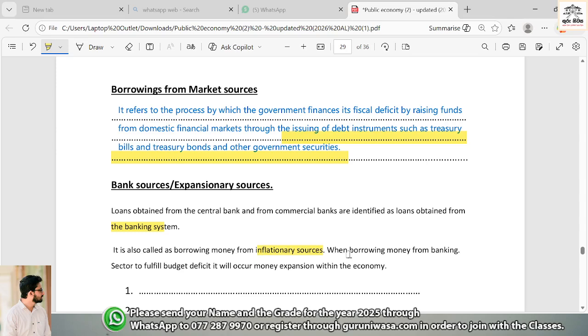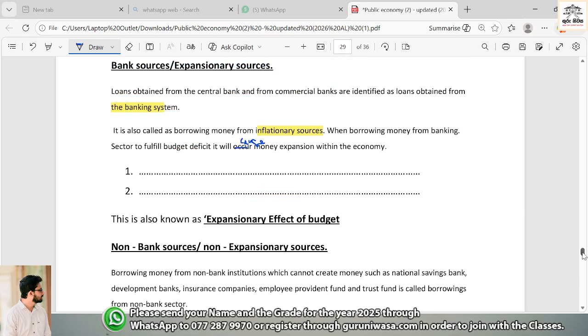When borrowing money from banks to finance the budget deficit, it will cause money expansion within the economy.